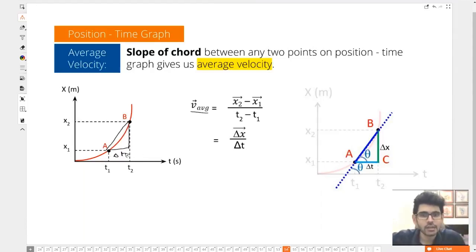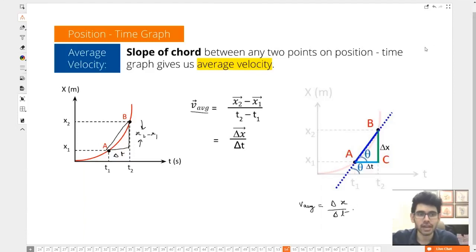In delta t, the change in displacement is x2 minus x1. So average velocity from a position time graph is the rate of change of displacement, delta x upon delta t.